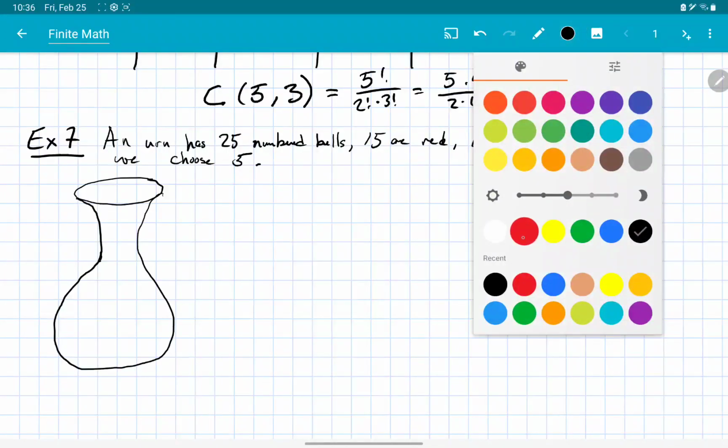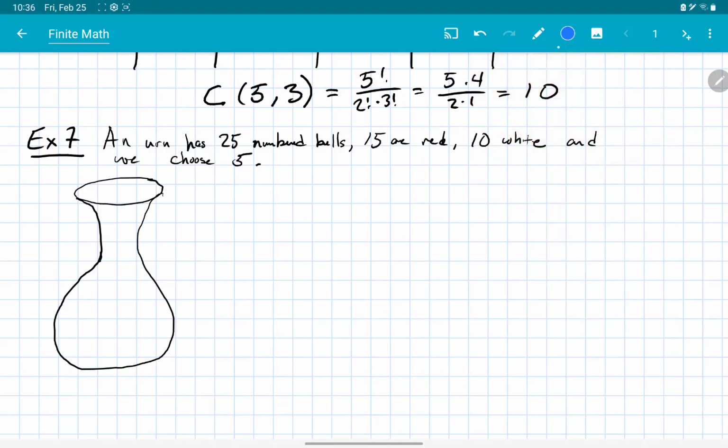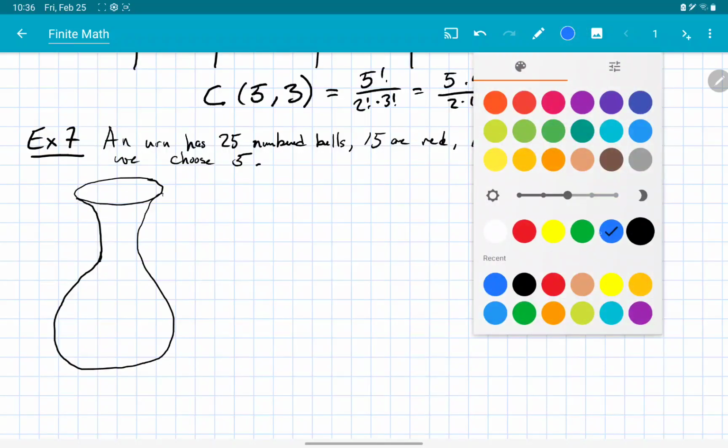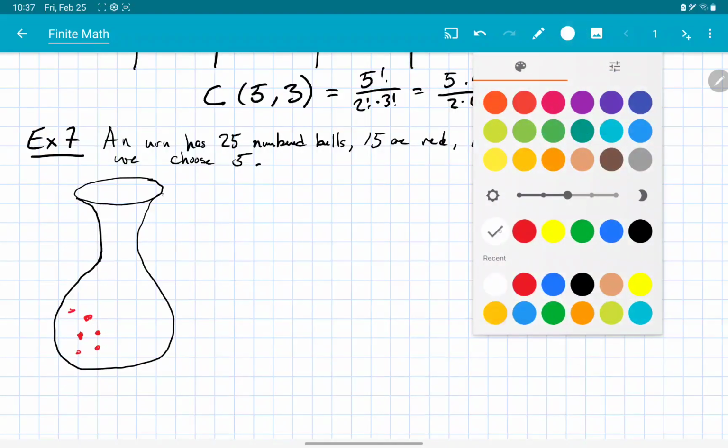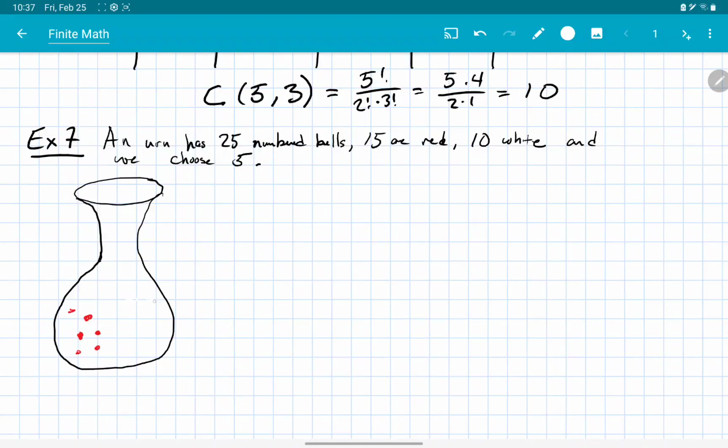And there's my urn, and inside we have 15 red balls and a bunch of white balls. What a wonderful color. Okay, so that's what's going on. We stick our hand in and we pick out 5 of the balls, right? That's why it has a thin neck, so we can't see inside when we stick our arm in.